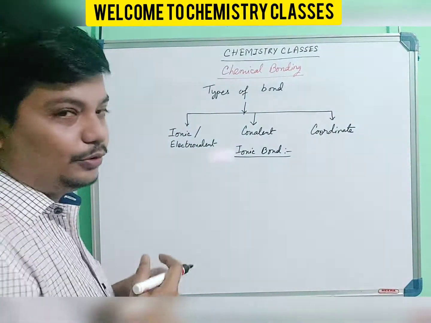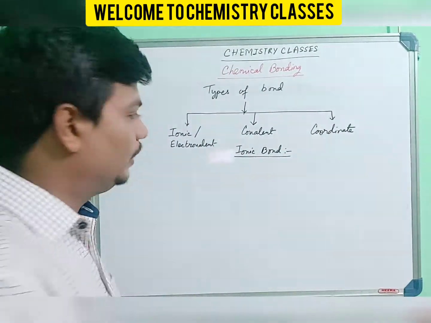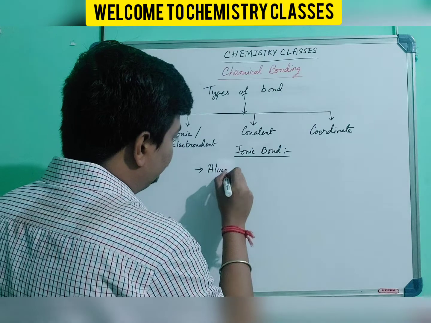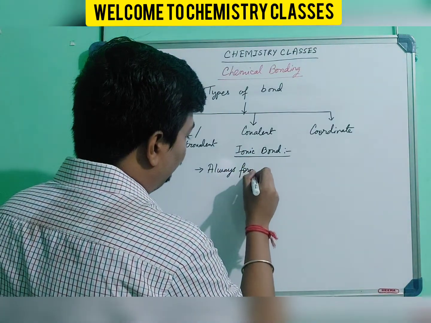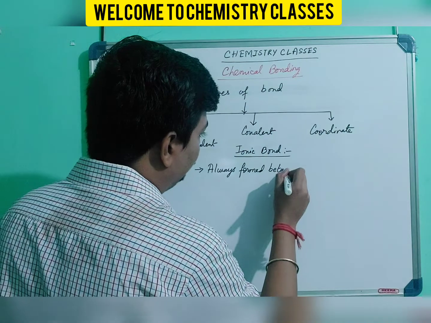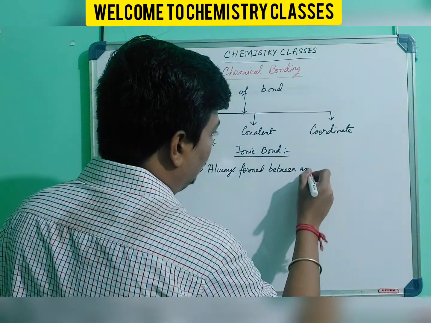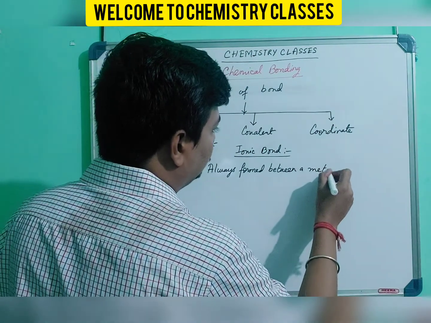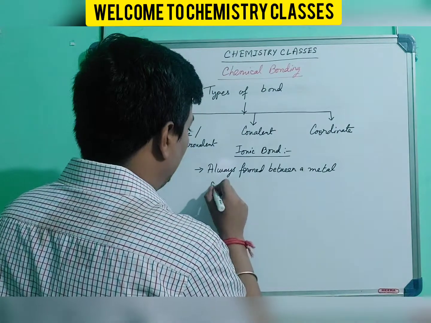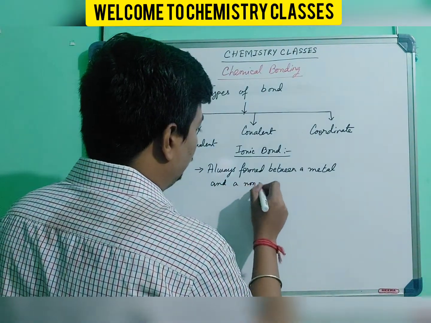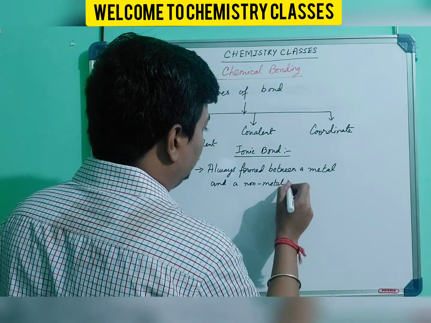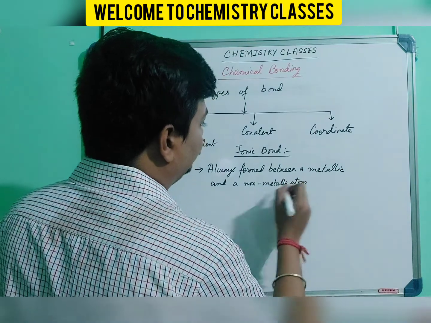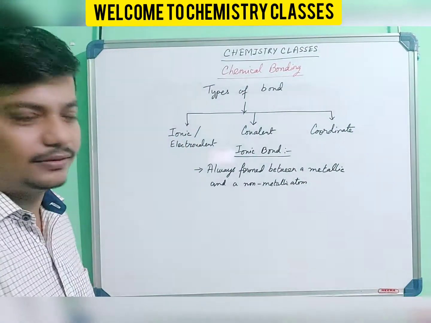There are a few characteristics of this ionic bond. Number one characteristic is that it is always formed between a metal and a non-metal atom, or rather, a metallic and a non-metallic atom, to be more specific.